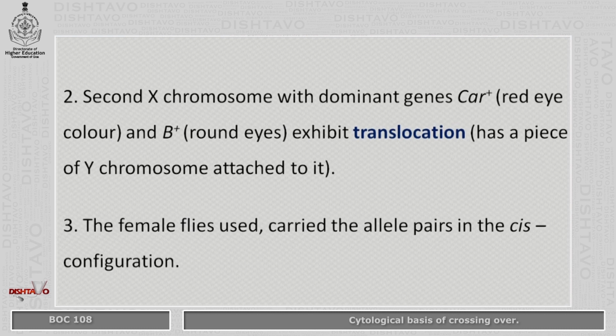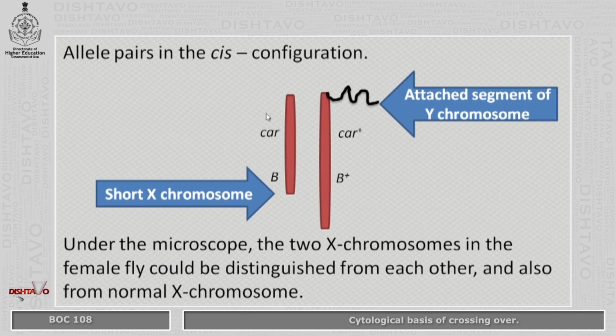the translocation. The female flies used carried the allelic pairs in the cis configuration. That is, both the recessive genes were present on one chromosome of the homologous pair and the dominant genes were present on the other chromosome of the homologous pair.